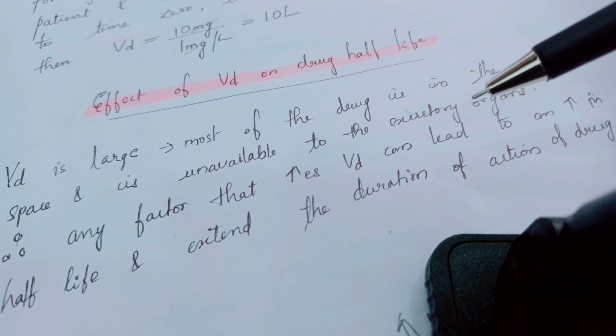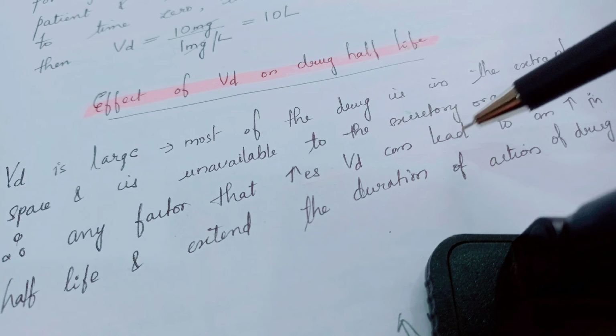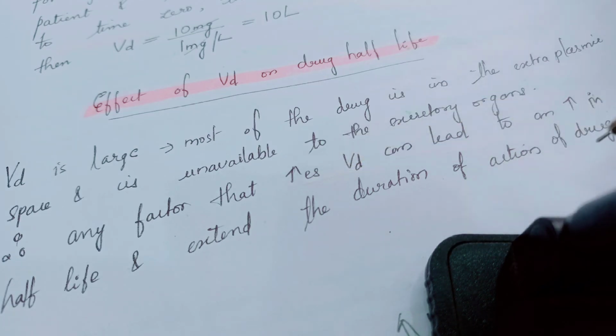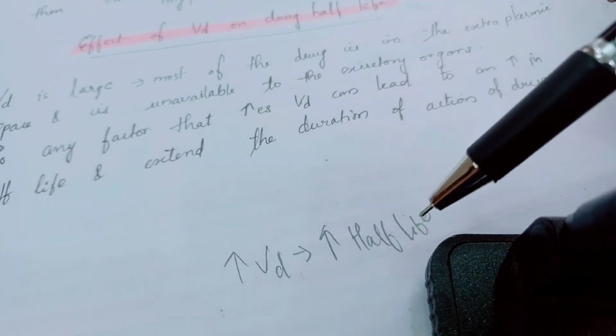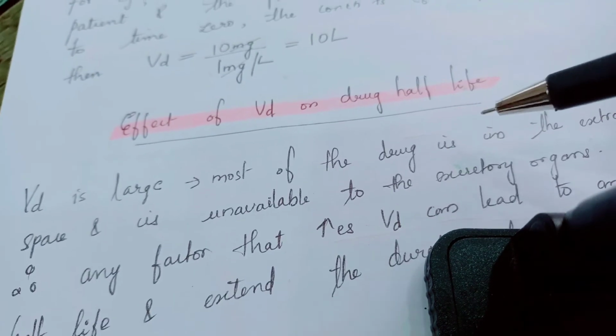Therefore, any factor that increases VD can lead to an increase in half-life and extend the duration of the drug. So increased VD can increase the half-life of the drug, which can in turn increase the duration of action of the drug. That is the effect of VD on drug half-life.